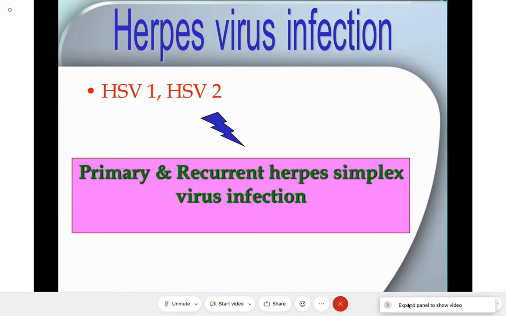Now talking about herpes simplex virus type 1 and type 2, or HSV1 and HSV2. Both of them can cause primary acute lesions and recurrent lesions, which are different groups. Both types of herpes simplex virus can cause both primary and recurrent herpes simplex virus infection.